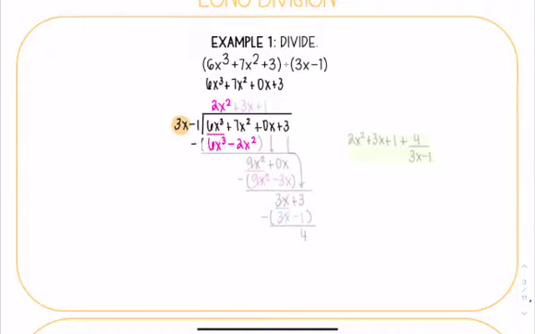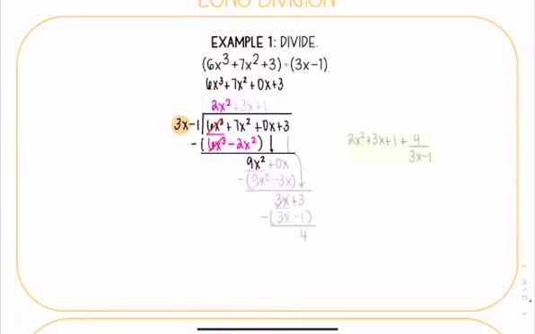We want to subtract this from that polynomial inside. So 6x cubed minus 6x cubed is going to cancel. We have 7x squared minus negative 2x squared. So be careful with those double negatives, because this is really 7x squared plus 2x squared, or we get 9x squared.